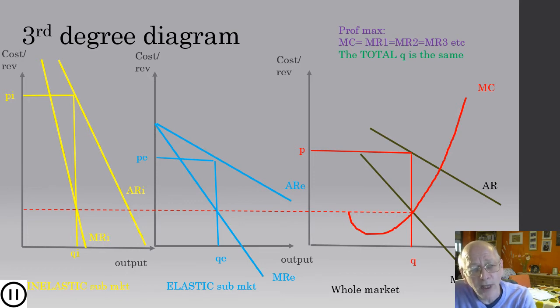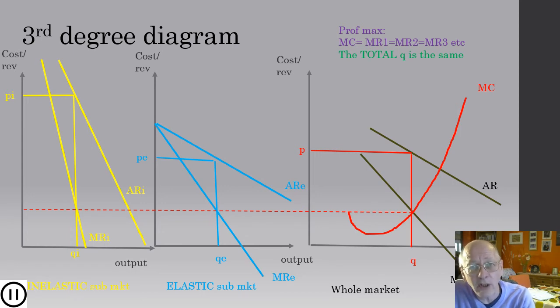So if we go to the yellow market, the inelastic sub-market on the left, you can see that that's going to involve a pretty huge increase in price. Whereas with the elastic sub-market, the one in the middle, the turquoisey one, you can see that price comes down slightly from the original red price.